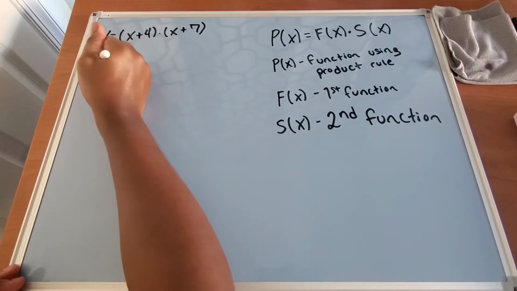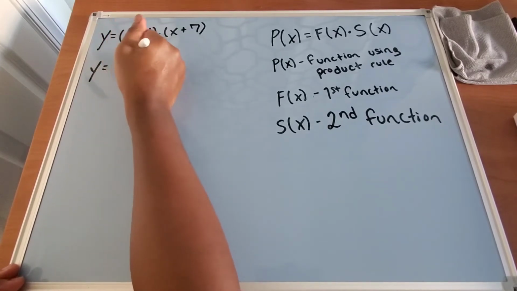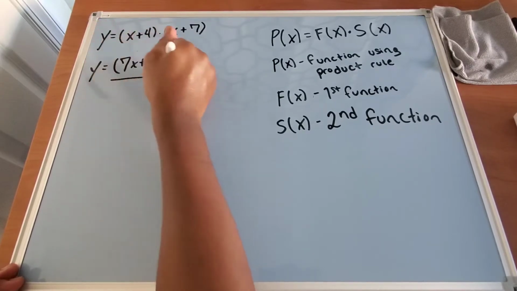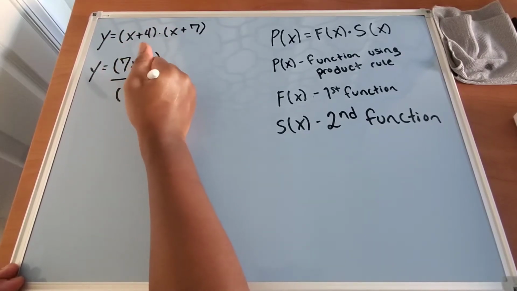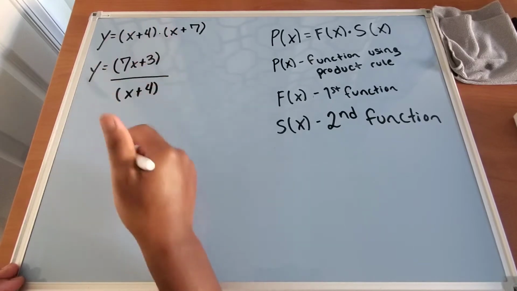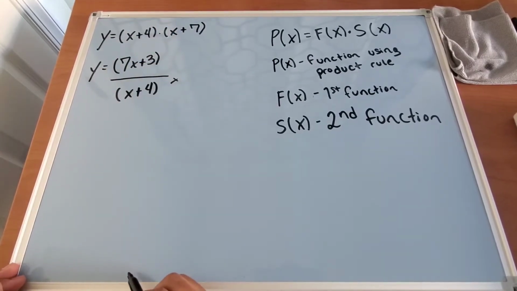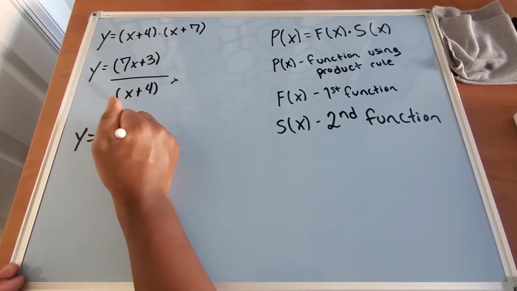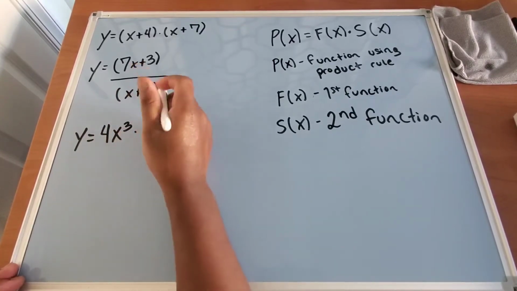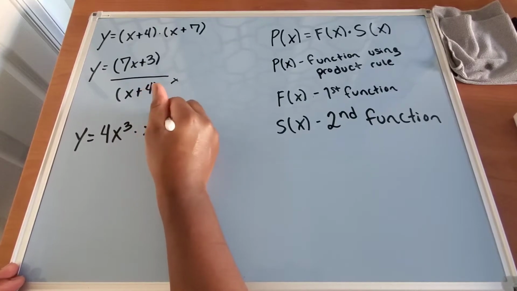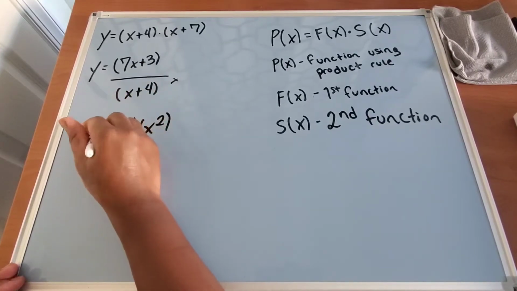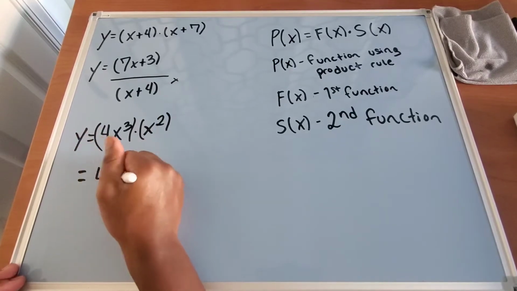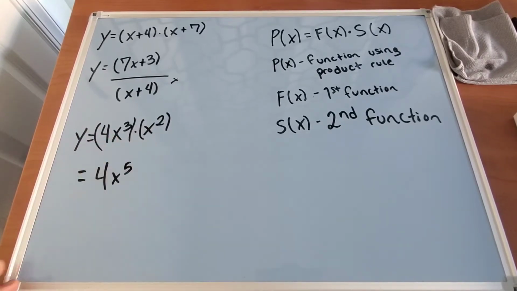If you had y is equal to 7x plus 3 over x plus 4, this is not a product rule, this is quotient rule. And if you were to have something like 4x cubed times x squared, you can treat this as a product rule, but it's actually a lot simpler if you just simplify it down to 4x to the fifth, and then you can just do power reduction rule.